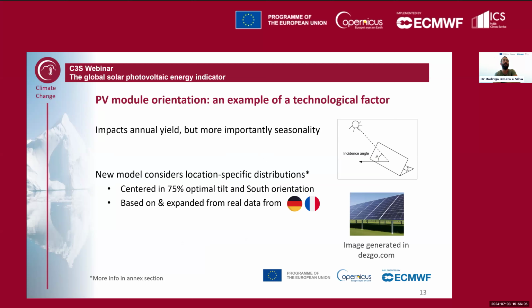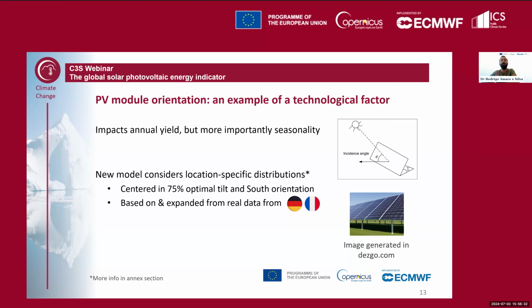Just to give a glimpse of a technological factor, because in the beginning I was talking about weather and the sun position. This module orientation parameter is something very important to take into account because, depending on how a PV module is placed, it can impact both its yield but also its seasonality.